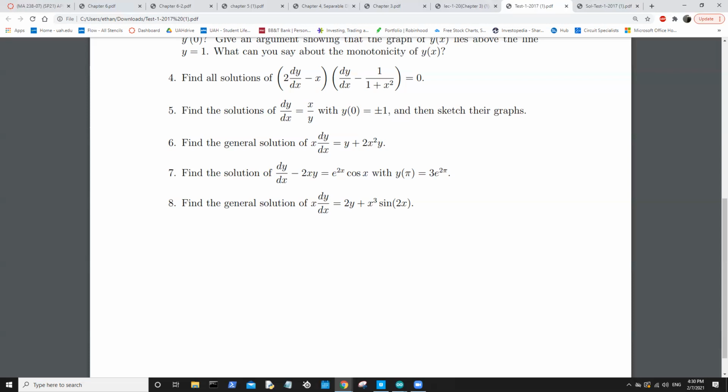And ln absolute value y plus c is equal to ln absolute value x plus x squared plus c. I like to combine all constants to the x side, so we'll just have ln absolute value y is equal to ln absolute value x plus x squared plus c.